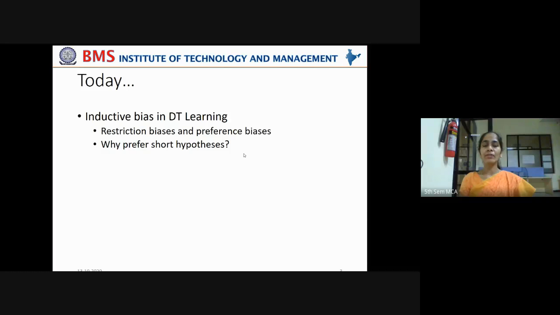Instead, if there is an inductive bias that only conjunctive combination of attributes is allowed and disjunctive combination is not allowed, meaning only strict rules are allowed, and this also should be true and this also should be true, then there will be a limitation on the hypothesis, right? So that it can generalize well and predict well with unseen data also.